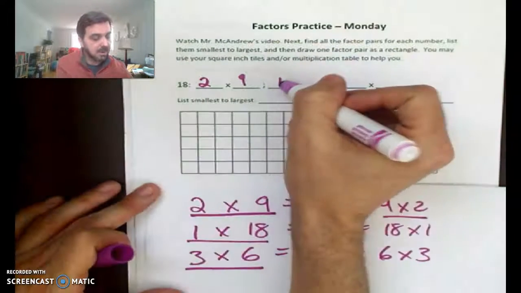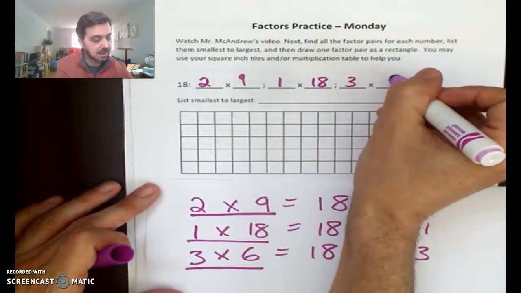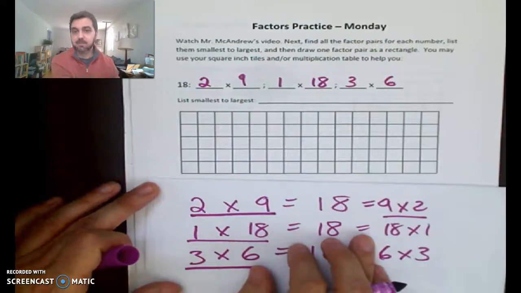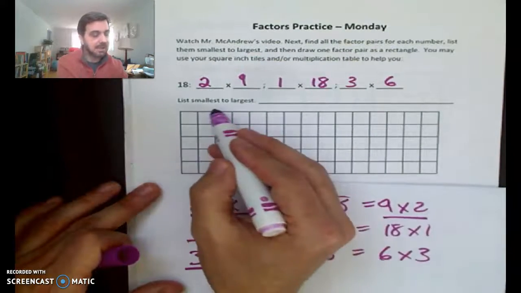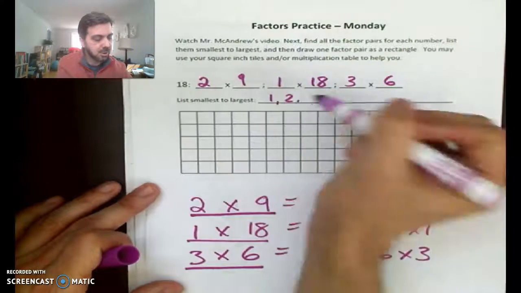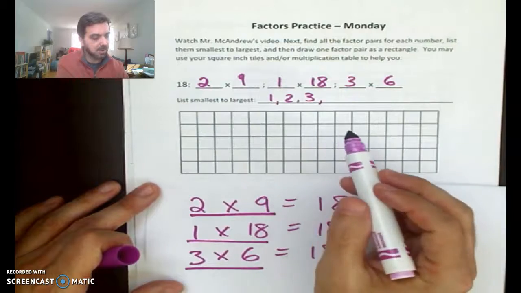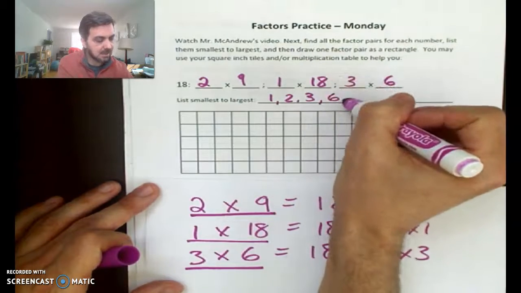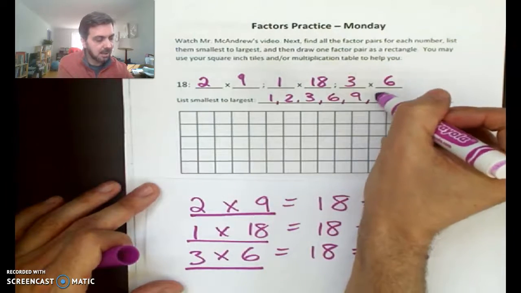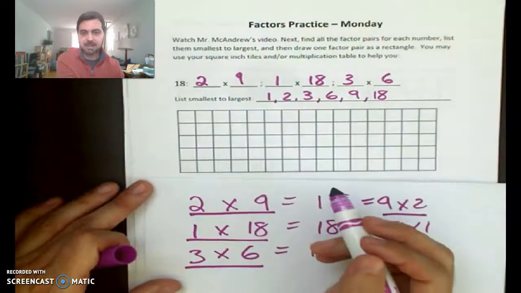We have 1 times 18, and we have 3 times 6. So you would write that down as well, okay? And then if we list them from smallest to largest, we would say, okay, we have 1, 2, 3, 6, 9, and 18. So those are all the factors for 18.